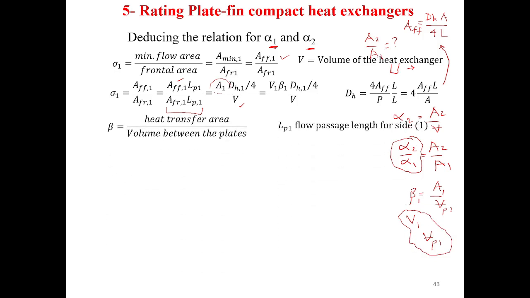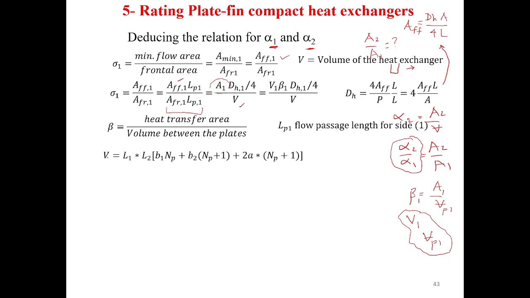Beta is given, as we said before, and LB1 is the length of the heat exchanger in the direction of the flow. For example, LB1 indicates the length of the heat exchanger in the direction of side 1, and LB2 is the length of the heat exchanger in the direction of side 2.